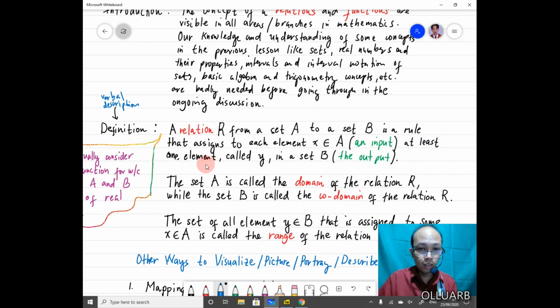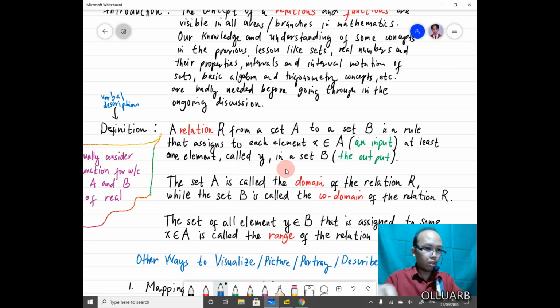At least one element for every object in the set A. Every judge in set A can choose more objects in the set B, which are the contestants in the pageant. Okay, that's what we mean by a relation.